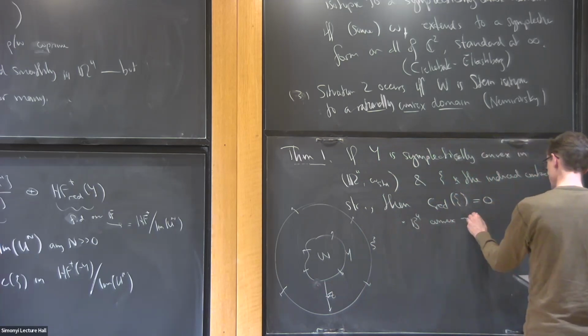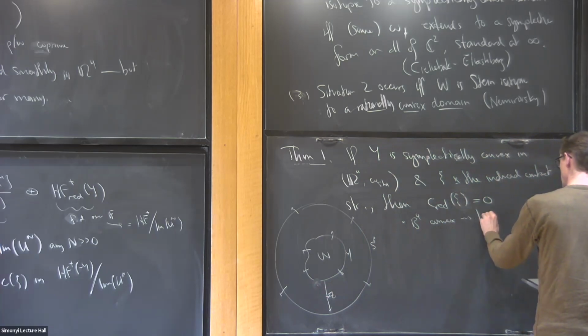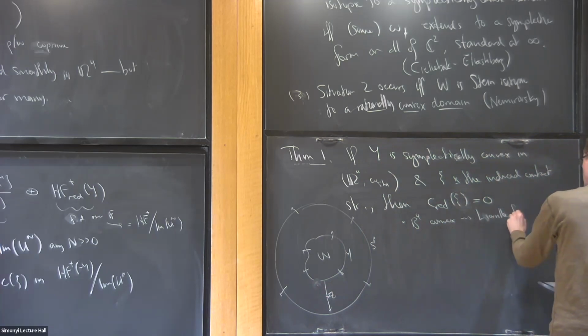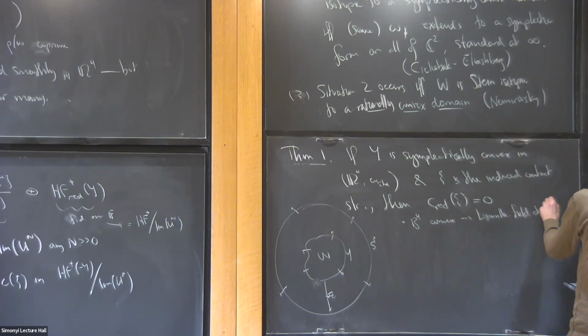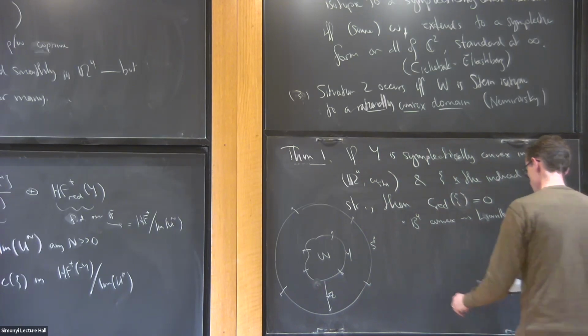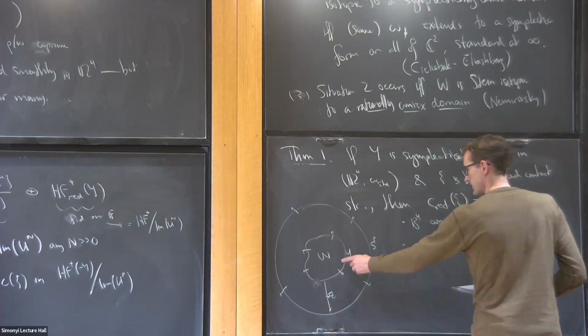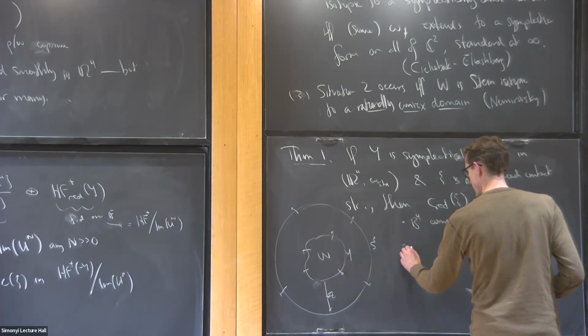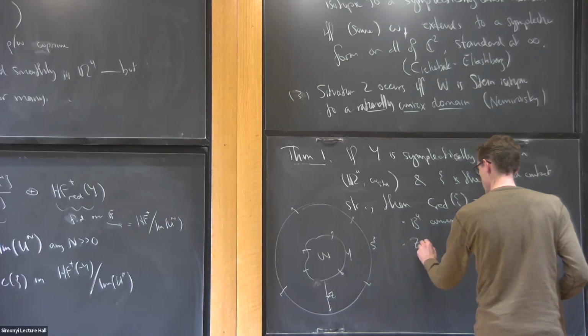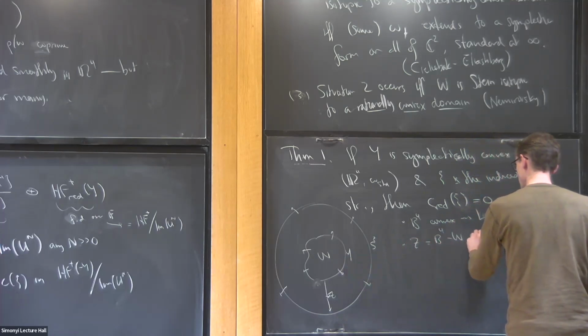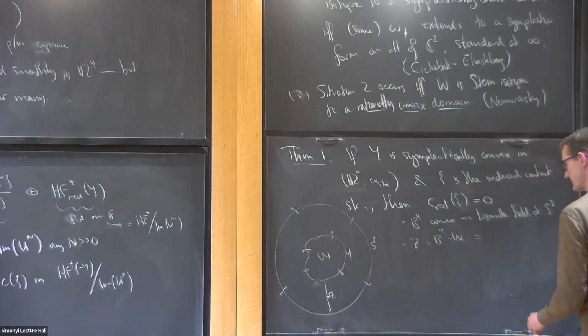So you get this Liouville field at the S3 end. W being symplectically convex means that B4 minus W is what you would call a strong symplectic cobordism.